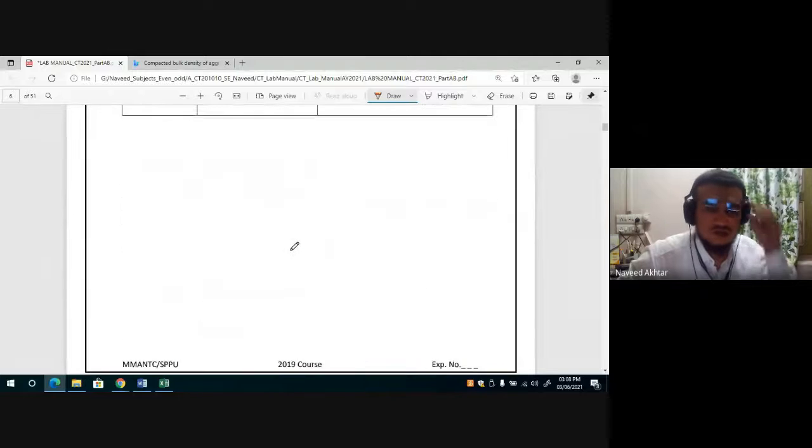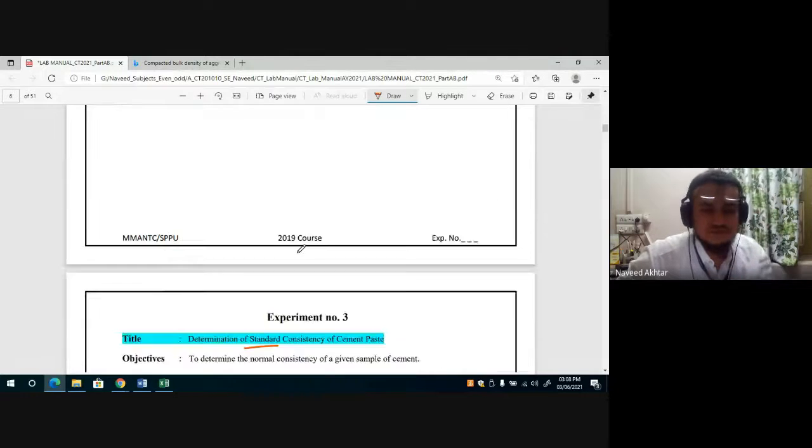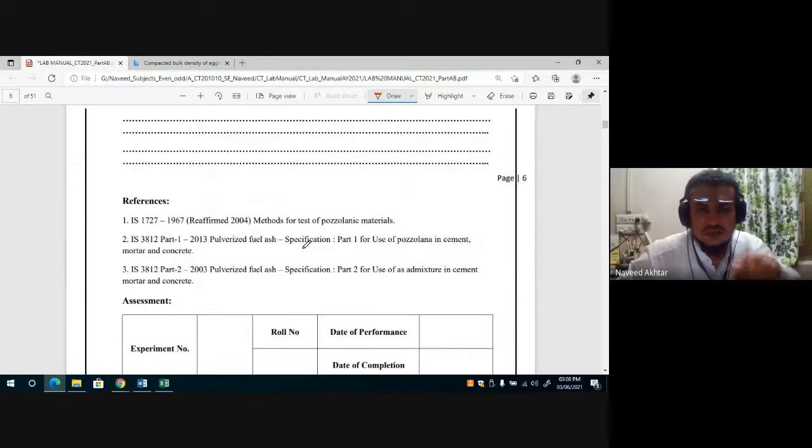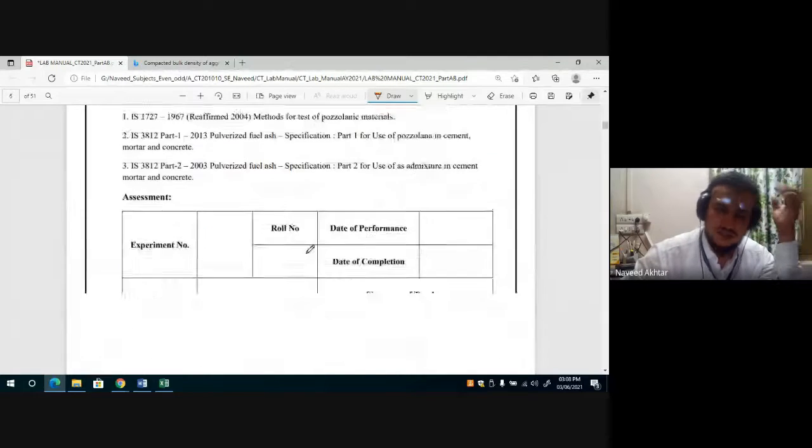This reading I will also give to you. Then the determination of standard consistency of cement paste: this value is already given in experiment number 1.